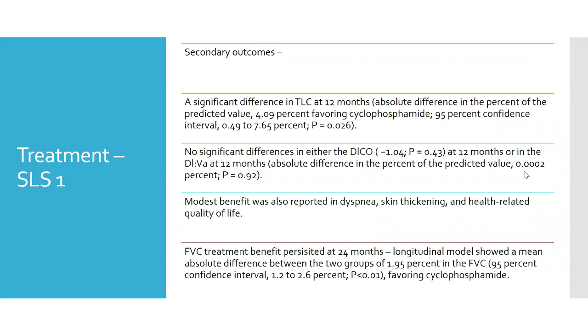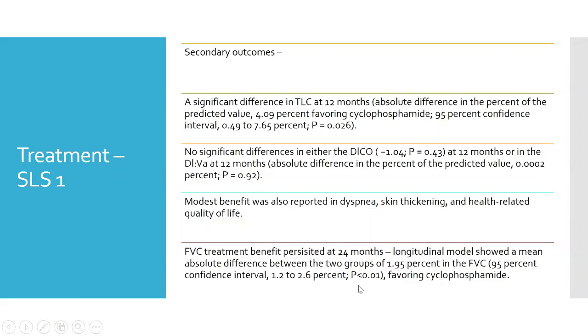The other secondary outcomes: they had improvement in TLC, the total lung capacity, at 12 months. There was no significant difference in the diffusion, DLCO over VA ratios, but there was also some modest benefit in their dyspnea scores, skin thickening, and health and quality of life. They also did a longitudinal model and looked at benefit at 24 months, and they saw that the FVC difference was about 1.95%.